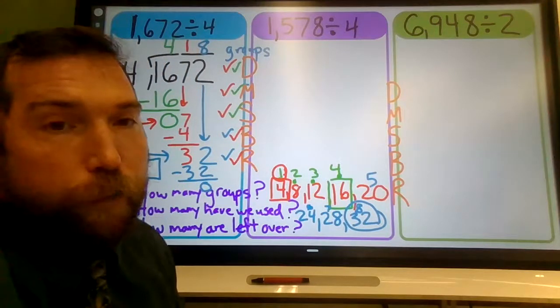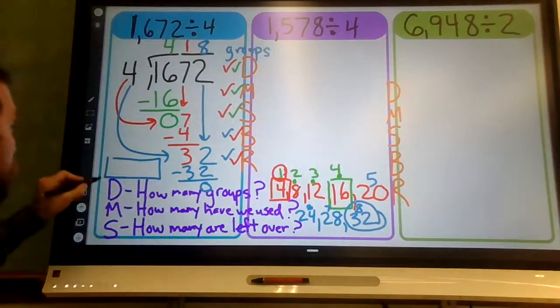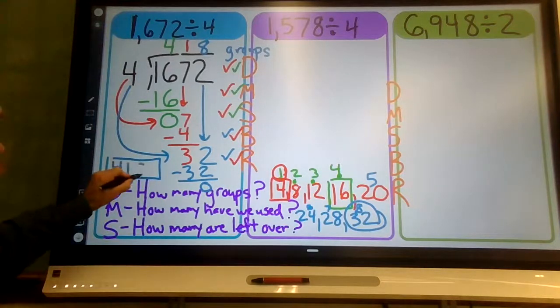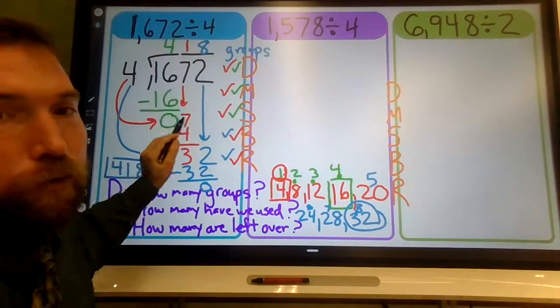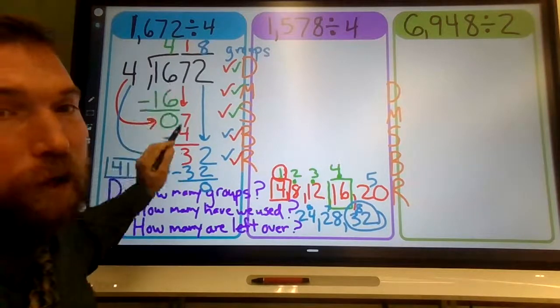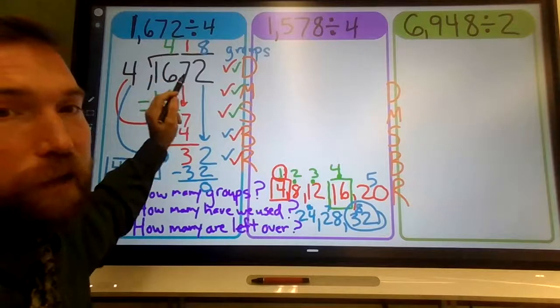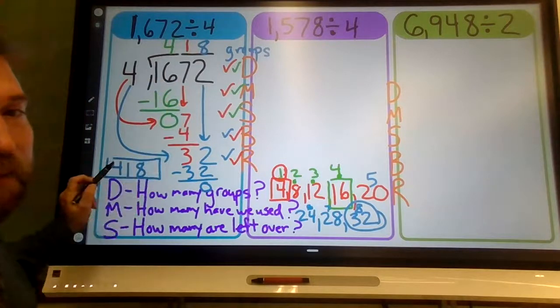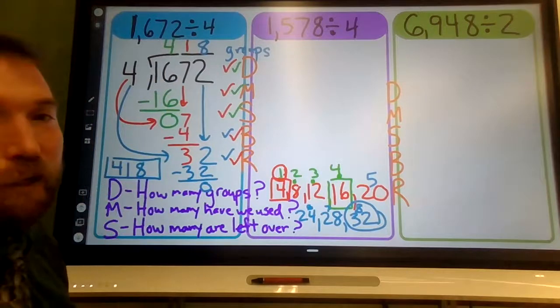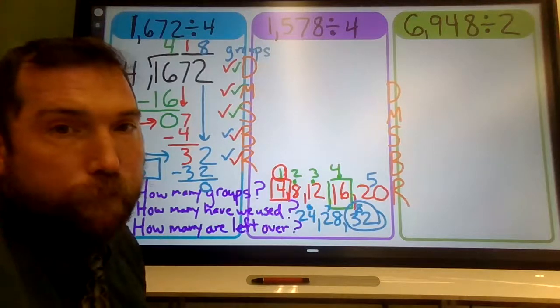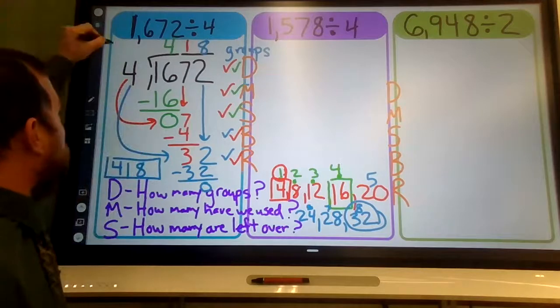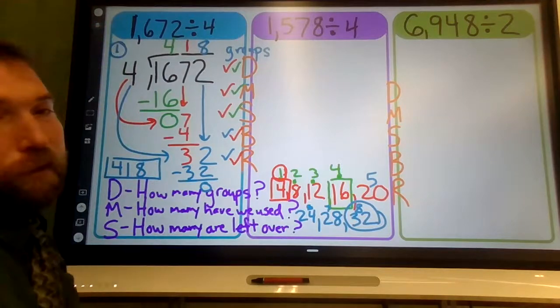So for those of you that were paying attention, I don't want you just to go back and put 418 in the box. I want you to know how to do this. You can come back and watch this video when you're stuck. Putting 418 in a box is really just cheating yourself out of learning how to do this. So that was question number 1 on your assignment today.